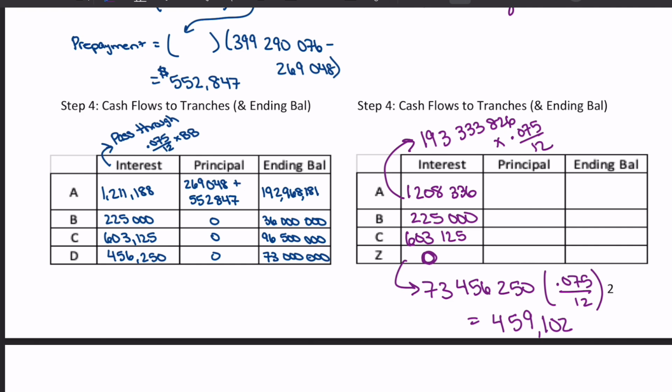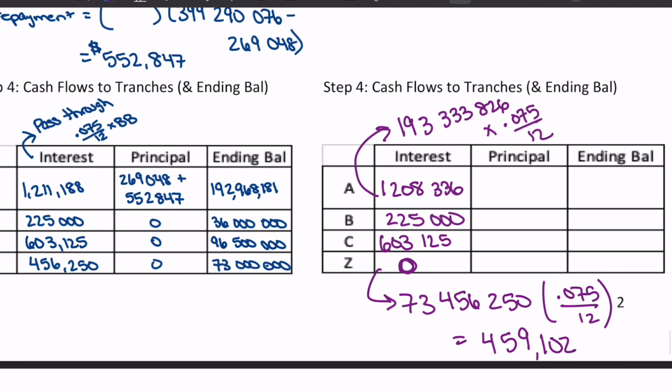That is $459,102. So for the principal column, now in addition to getting the scheduled principal plus the prepayment, A is also going to get the interest that would have gone to Z. Writing those three numbers in, we have the scheduled $269,048 plus the prepayment $552,847 plus the interest that would have gone to Z, $459,102.